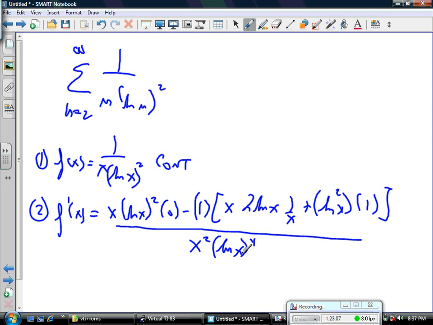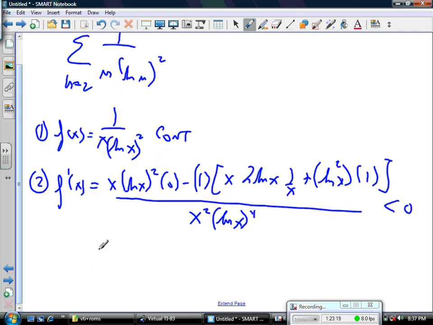Again, low is always positive, so how do I know if this is negative? If the top is negative. What's d high? That's just 0. So let's simplify the numerator. That's 0, and I get negative 1 times stuff. And what happens with these x's? They cancel.